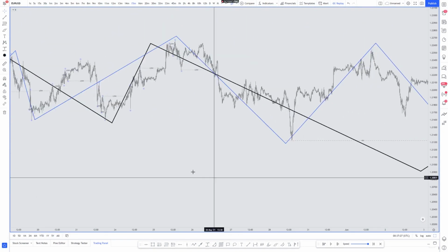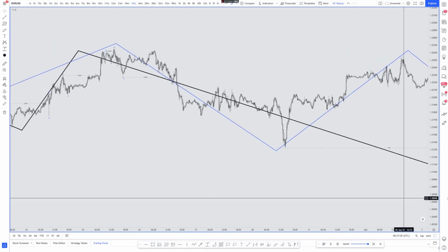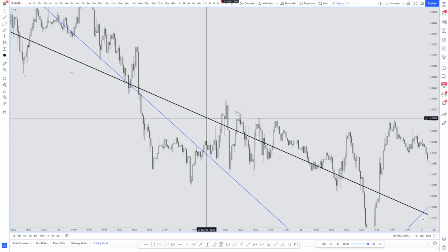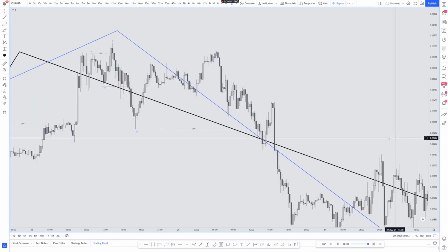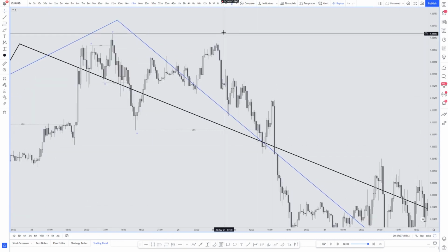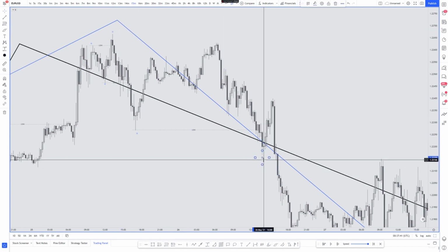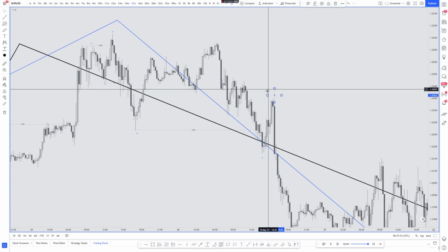So this will make a little more sense once we join it all. Again, we have the highest point to the lowest point, our pullback.